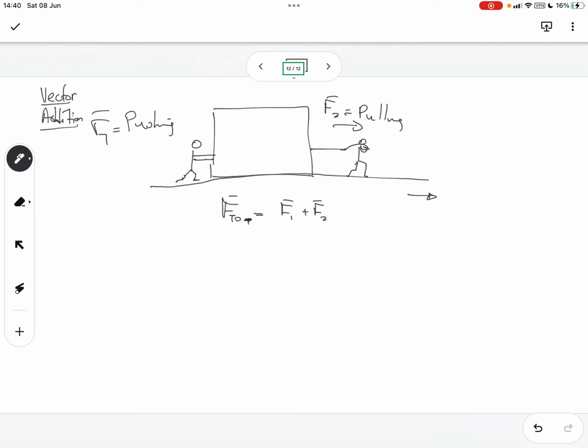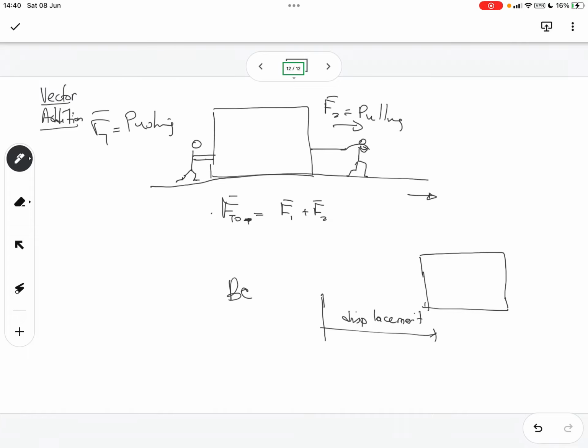We can also understand the concept of vector addition by understanding the displacement vector. And displacement is simply the vector which describes an object's position. So it's a vector that points from the initial position to the final position. So let's say this box moves from there and it's somewhere there after the whole pushing and pulling.